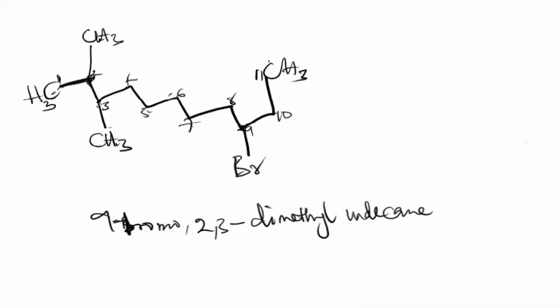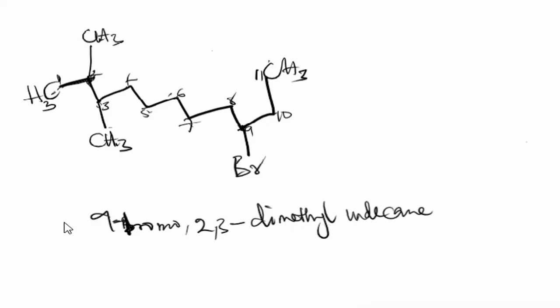So for instance, in our previous example here, we have 2, 3 dimethyl. So it occurred 2 times, at carbon 2 and at carbon 3. So we have methyl at carbon 2, methyl at carbon 3, making it 2, 3 dimethyl on the alkane.